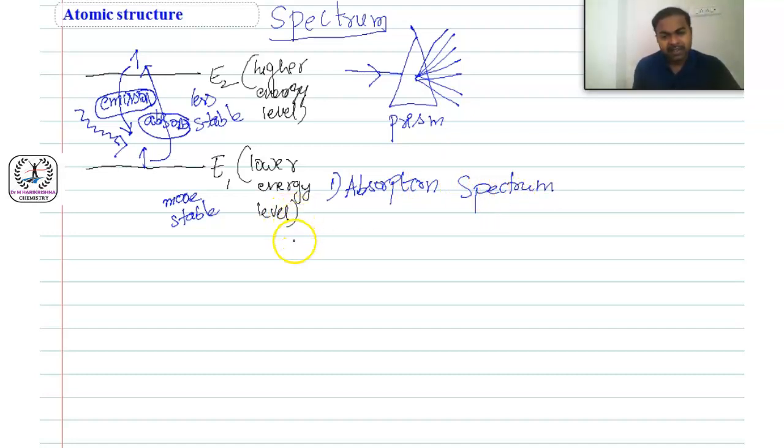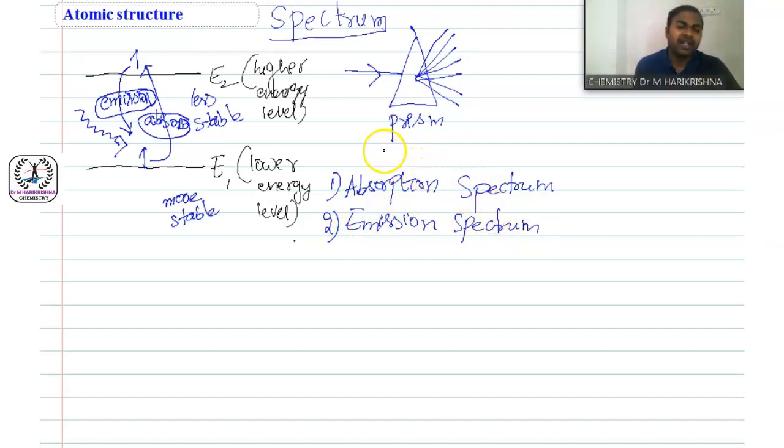And the second one is the emission spectrum. While an electron comes down from the higher energy level to the lower energy level, it emits some amount of energy. Then we can observe the emission spectrum.